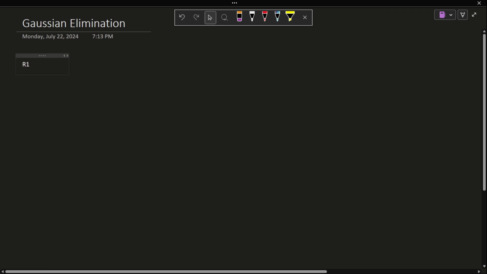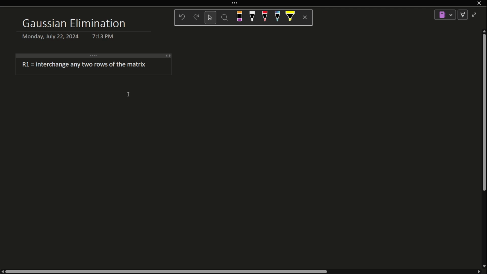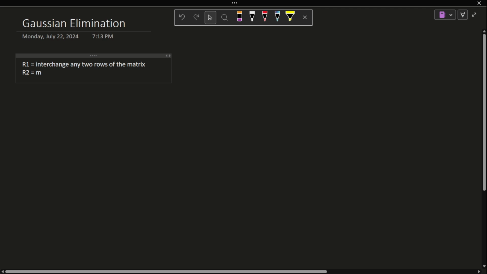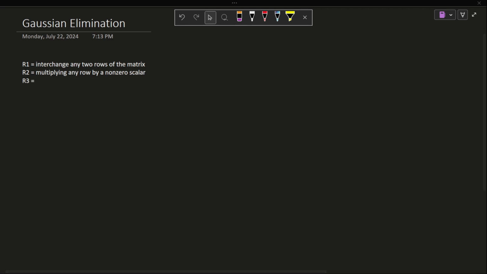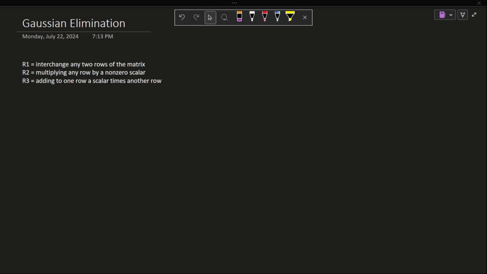So we're going to say R1 is going to equal interchange any two rows of the matrix. R2 is going to equal multiplying any row by a non-zero scalar, and R3 is going to equal adding to one row a scalar times another row.